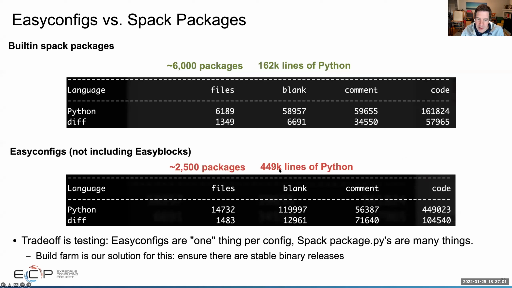And so, this is a lot more Python code to maintain. The difference is that EasyBuild has the configs versioned in the repo. Each one is a supposedly stable build configuration. And the trade-off is testing. What we're trying to do with Spack is really to pull out the configuration into the environment and into that lock file for reproducibility. So we have the configuration encoded there, and test lots of different configurations, but not put the burden of maintaining all the configurations on the package maintainer.